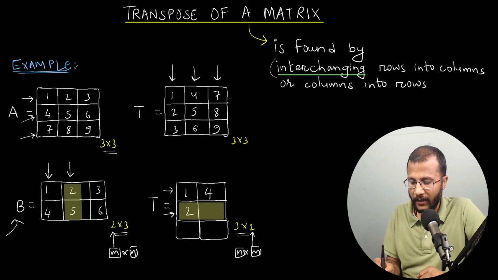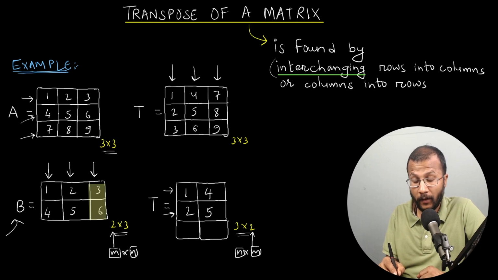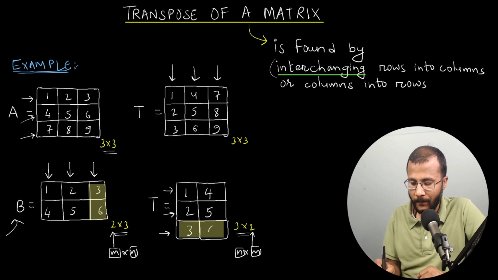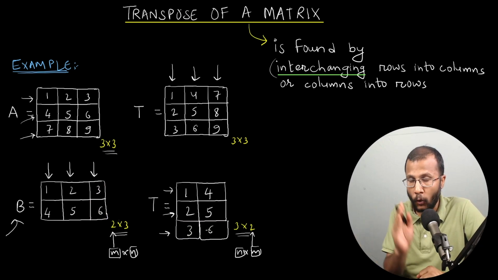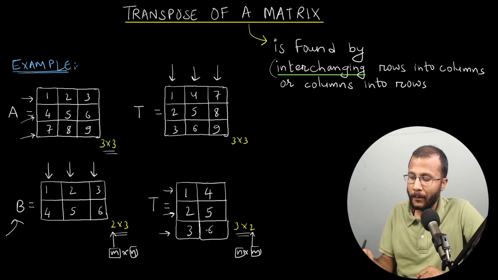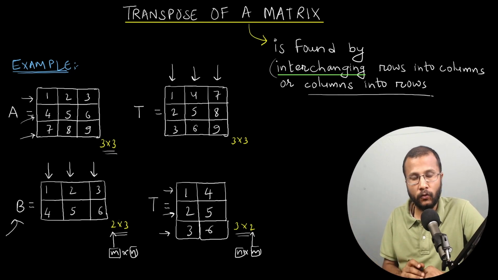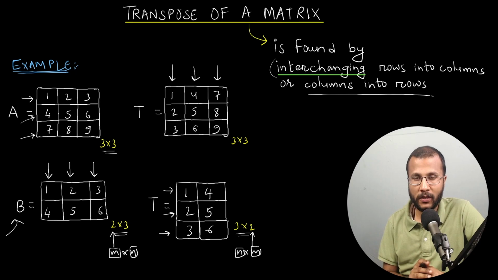So here you will get the values 2 and 5. Finally you will move on to the last column of the original matrix, 3, 6, that will be copied to the final row of the transpose matrix. So 3, 6 comes here, right? So you can actually create the transpose by interchanging the row into column or by interchanging the column into row. This is the transpose of a given matrix.